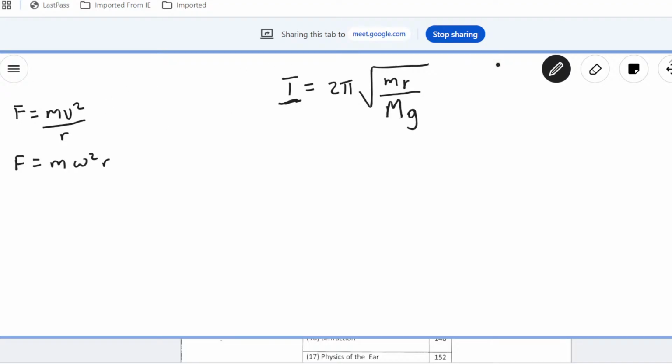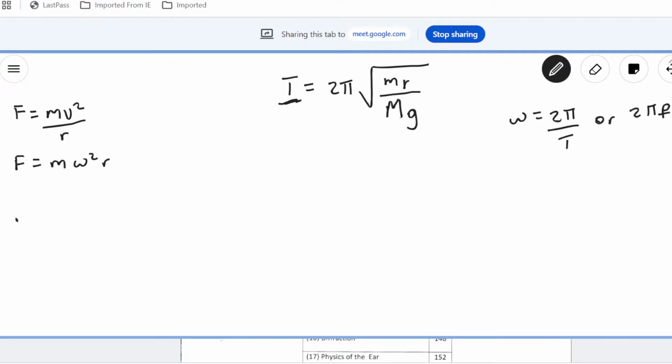That's why I said these equations for omega, you can't forget them. Remember that omega is 2 pi over T or 2 pi f. If we want an equation for time period, we have to use the one that has time period in it.